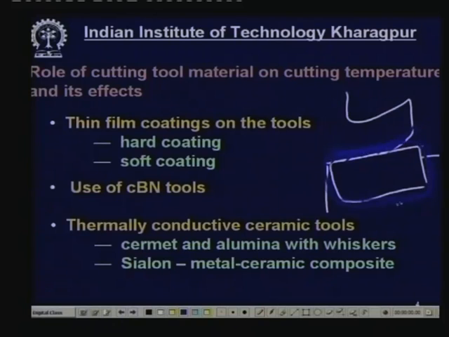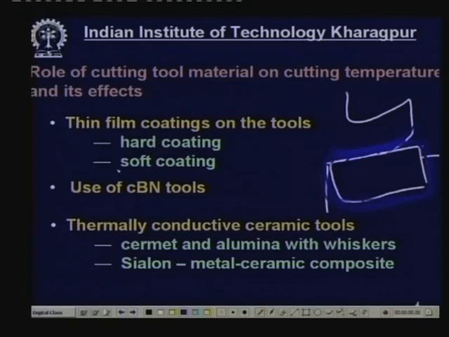Now, the coating that is given on the tool can be a hard coating or thin coating by chemical vapor deposition called CVD, or physical vapor deposition, PVD, and there are various methods of giving this hard coating of materials like titanium carbide, titanium nitride, alumina and so on, carbides and many materials.